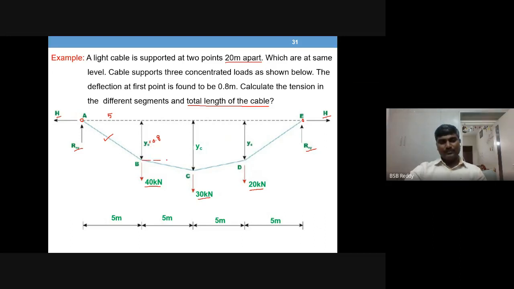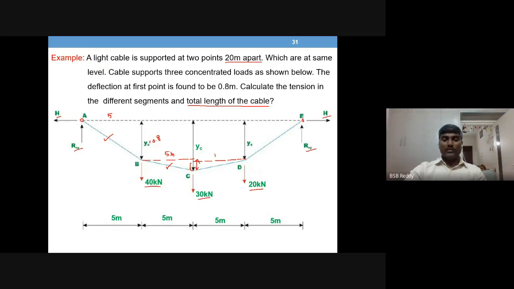Similarly, you can get this value because you know YC, and this is YB, 0.8. So YC minus 0.8 will give you this value. And this is 5 meters horizontal distance between these 2 points, and you can get this value. Similarly, this one: YC minus YD will give you this value.